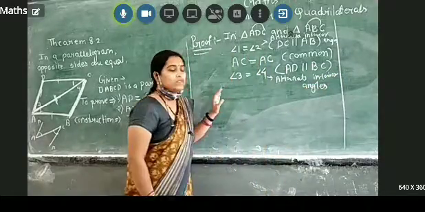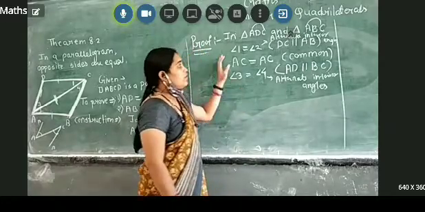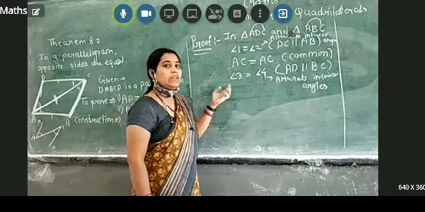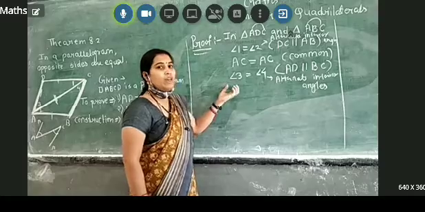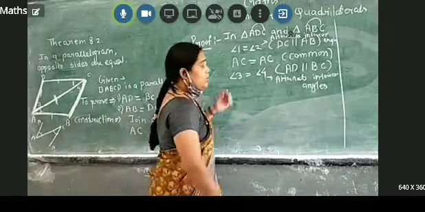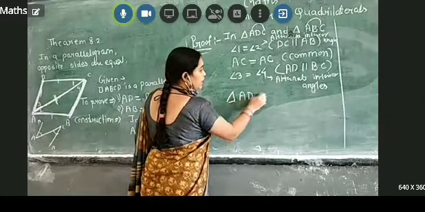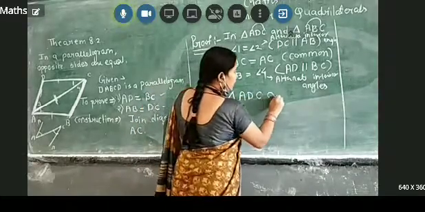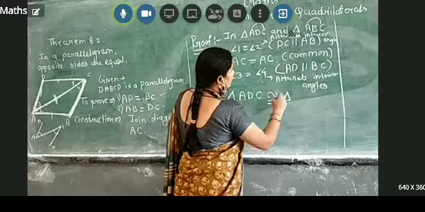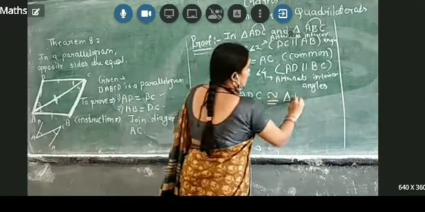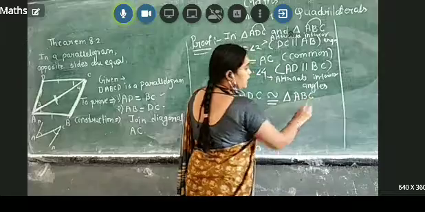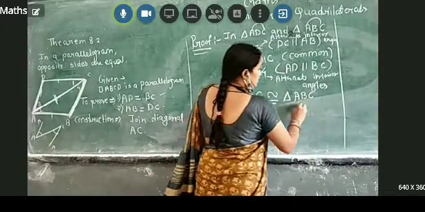So here out of 6 elements of a triangle, we have proved 3 elements are equal. So here we got our congruency rule. That's why we can say that triangle ADC is congruent to triangle ABC. Why are they equal?